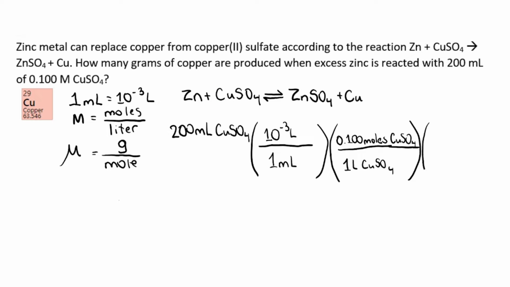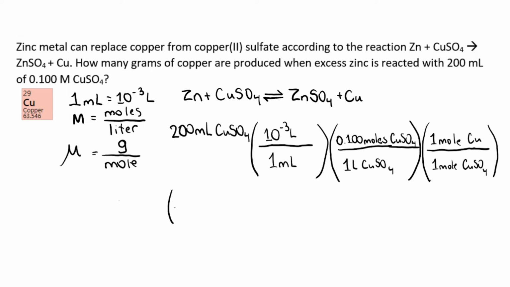All right, so for every 1 mole of copper sulfate, you get 1 mole of copper. Now that we're in moles of copper, we can use our molar mass to go from moles to grams.